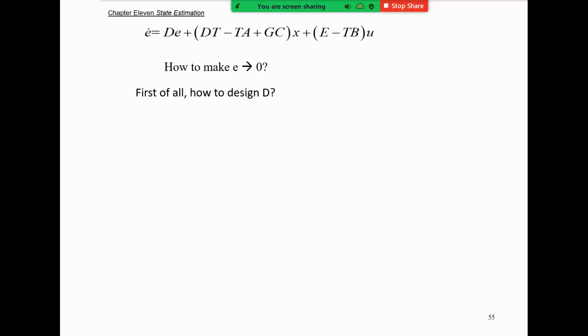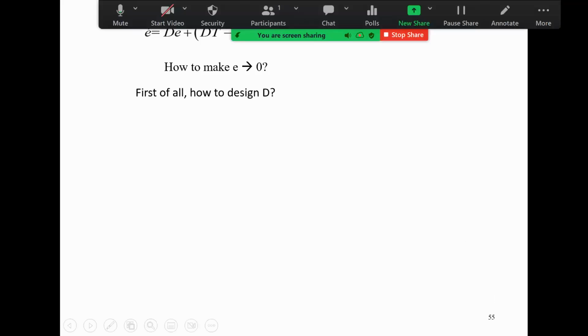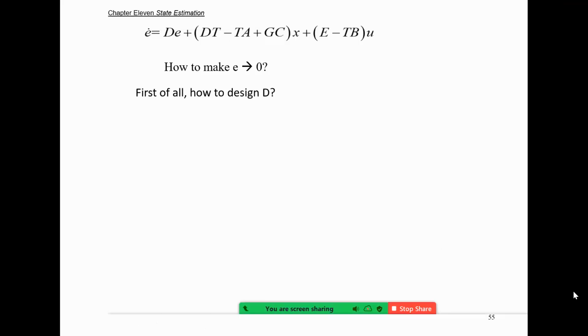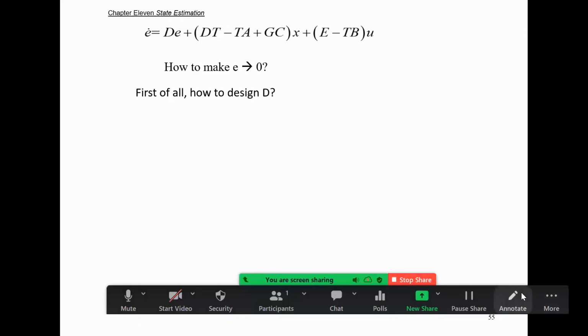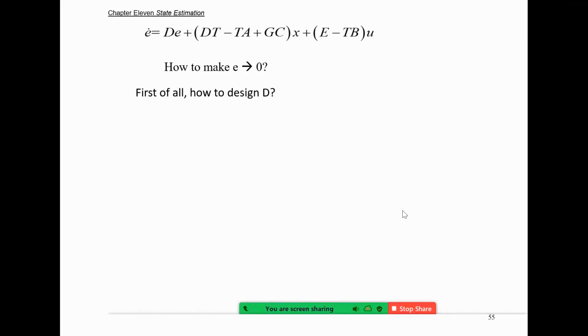First of all, let's talk about D. How do we design D? We want to make e go to 0. So what kind of D should we put? Can we put D equals 0?